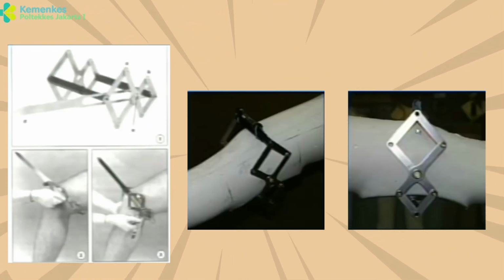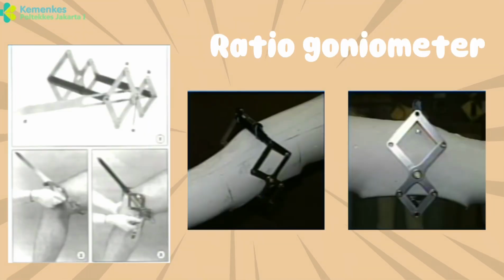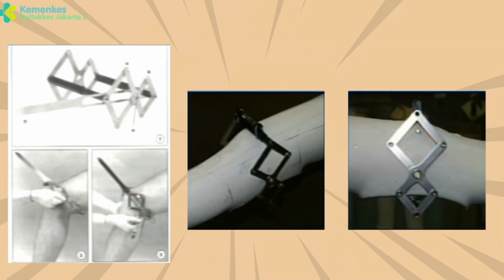And this is a ratio goniometer from Ottobock. Its function is to make your life easier in finding the mechanical knee joint, and the type is like scissors, with an apparatus that can fit over the patient's knee.